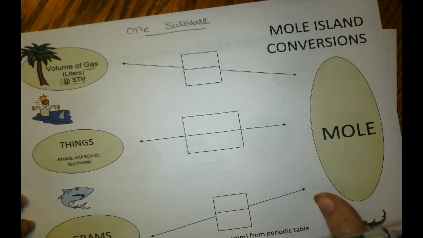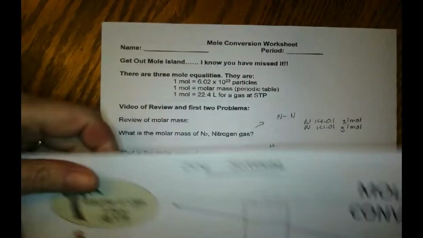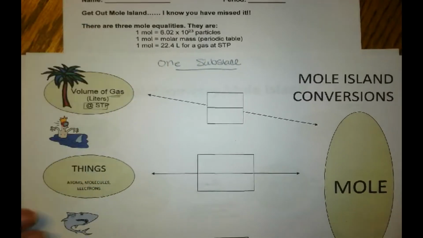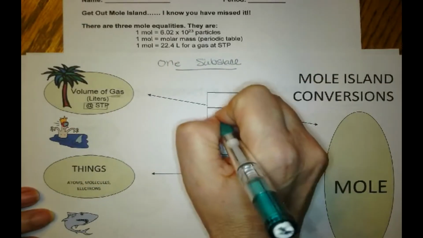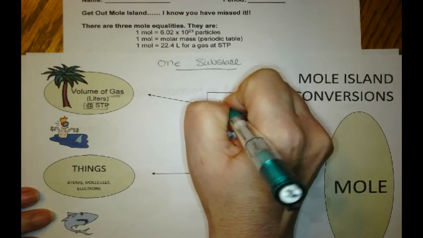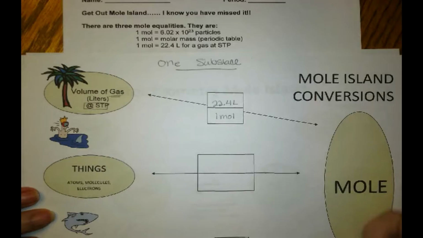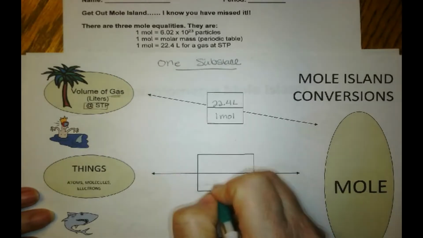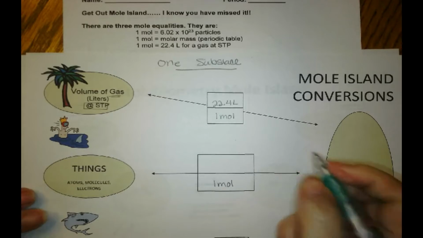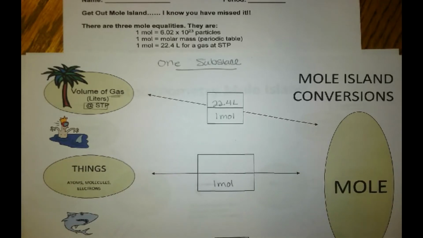Okay. So on the top here, I have our conversions, and we should make sure they're in our chart, okay? For every 1 mole of gas, it is true that there is 22.4 liters of that gas. For every 1 mole of things, which could be anything, we could have a mole of pencils, we could have a mole of atoms, molecules, or electrons.